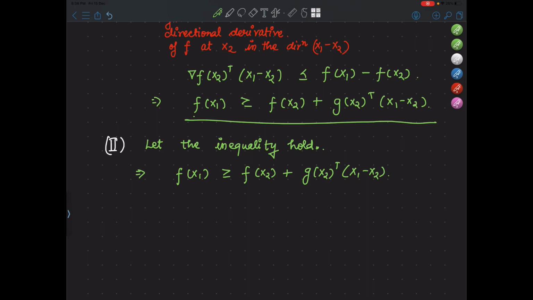Now let's assume some point on the line joining x1 and x2. So let x equal x2 plus lambda times (x1 minus x2), which can be written as (1 minus lambda) times x2 plus lambda times x1.